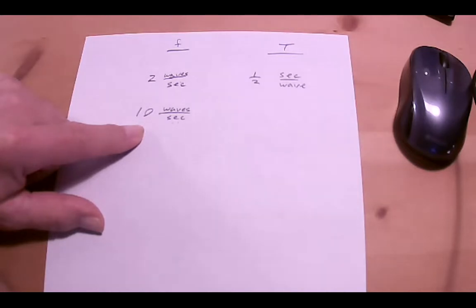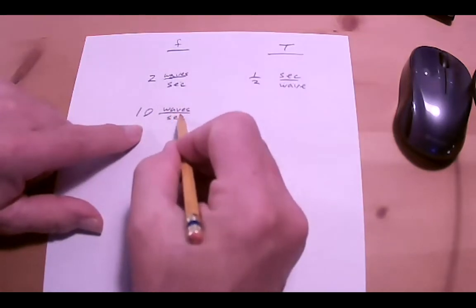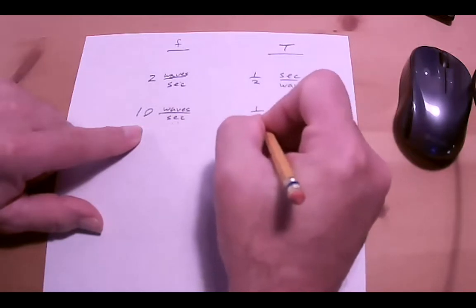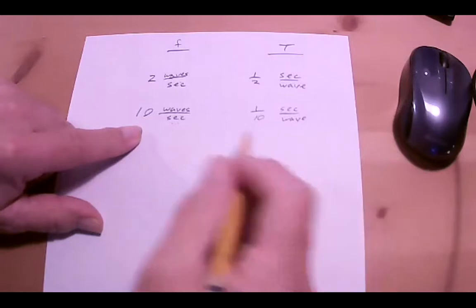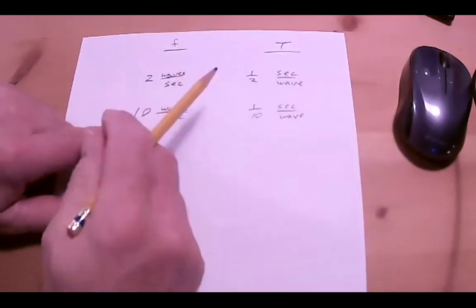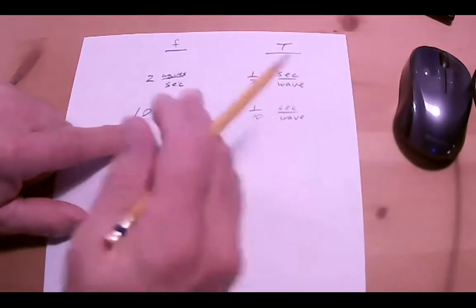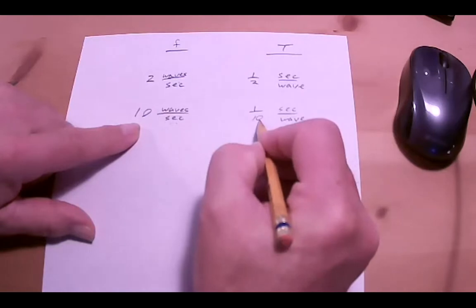You ready to tell me? Yeah, if 10 waves per second pass a spot, it's 1/10 of a second per wave. The first one takes 1/10 of a second, the second one takes 1/10 of a second, the third one takes 1/10 of a second, and on and on. Each wave takes 1/10 of a second to pass your spot.